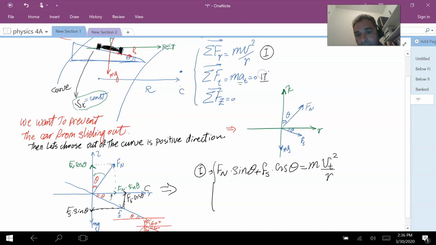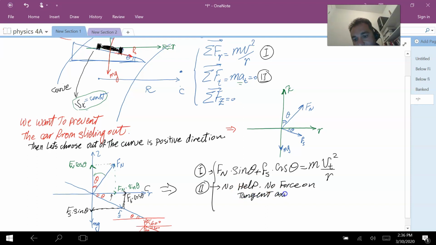Number two, I don't have any force. It doesn't help me. On number two, I will say no help. Why? Because no force on the tangent axis.